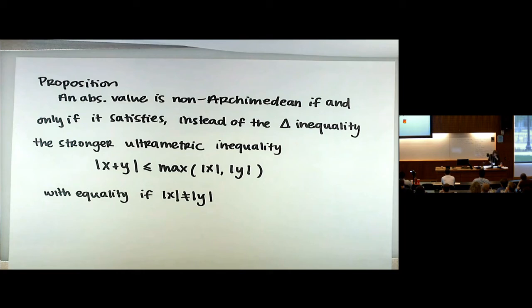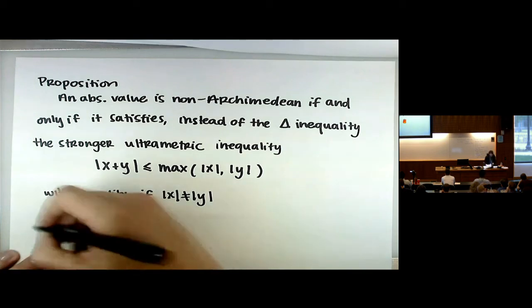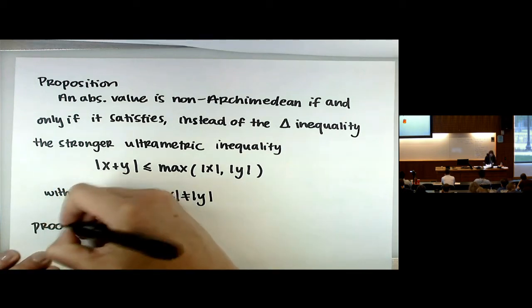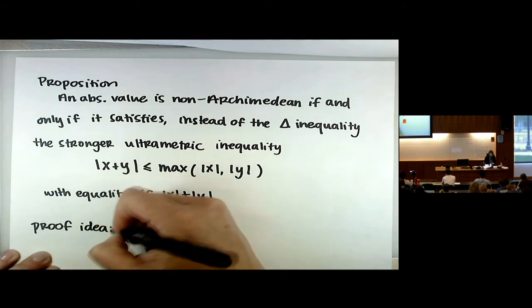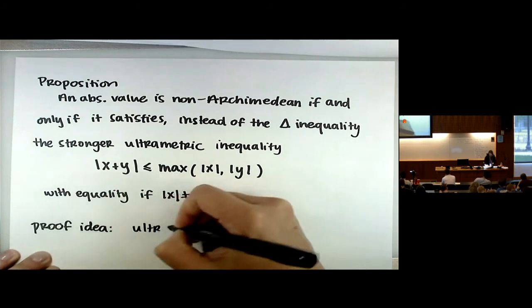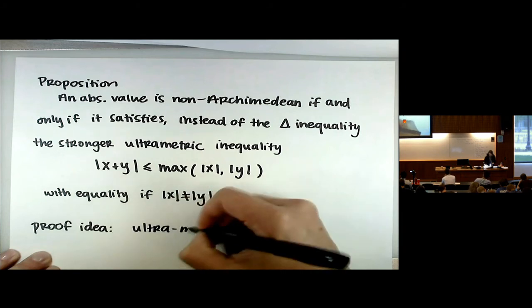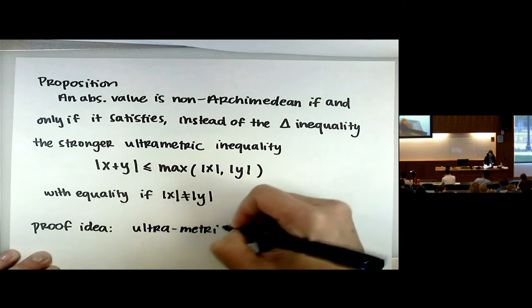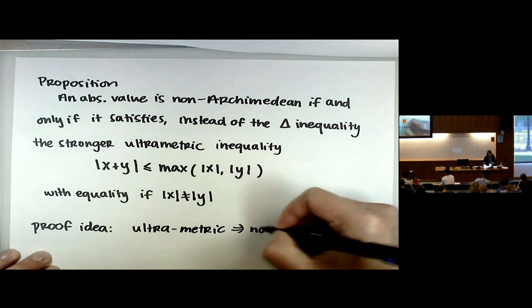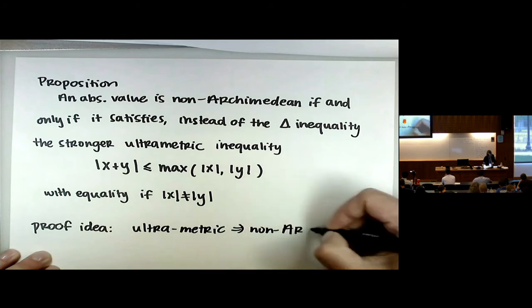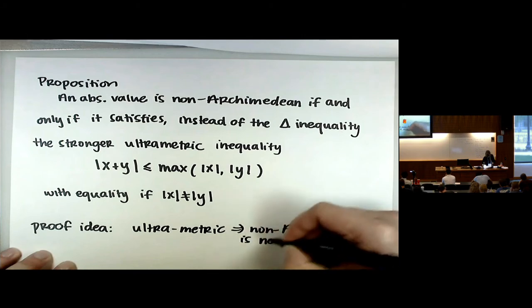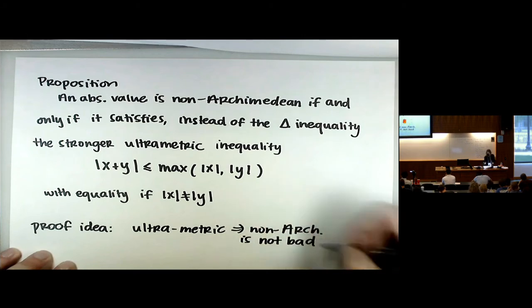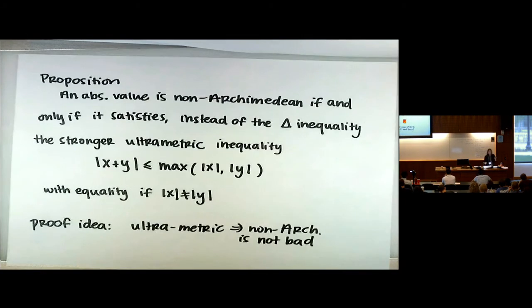Okay, so the proof of this, one direction is not so hard. If you have the ultrametric, I'm not going to prove it, just a proof idea, right? Ultrametric implies non-Archimedean is not bad. So I recommend that you think about that.